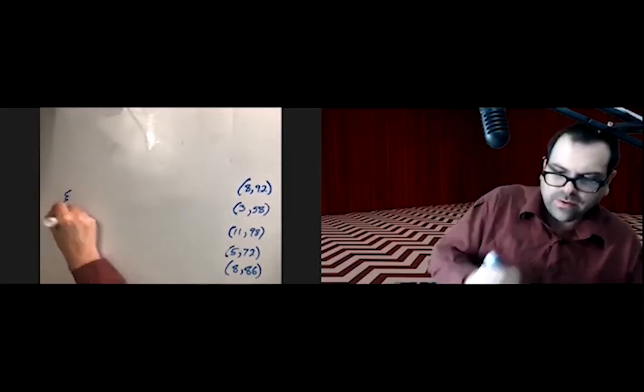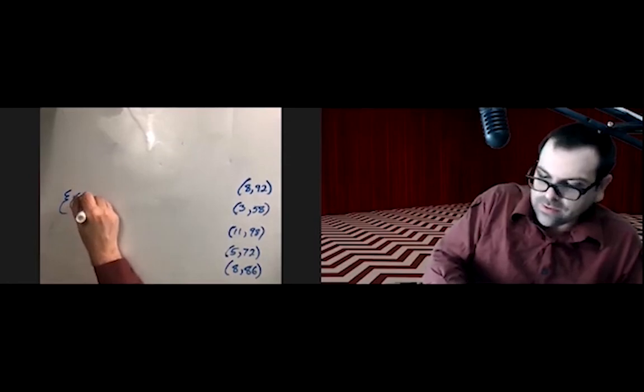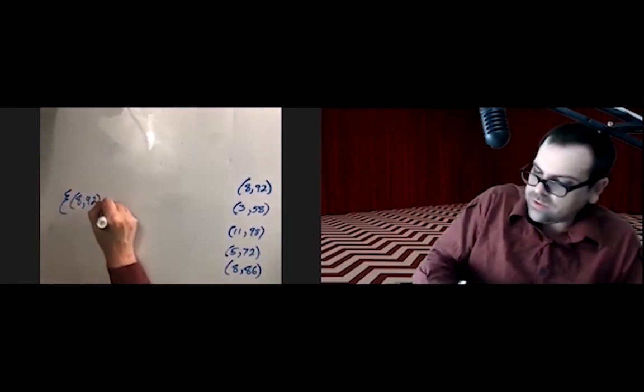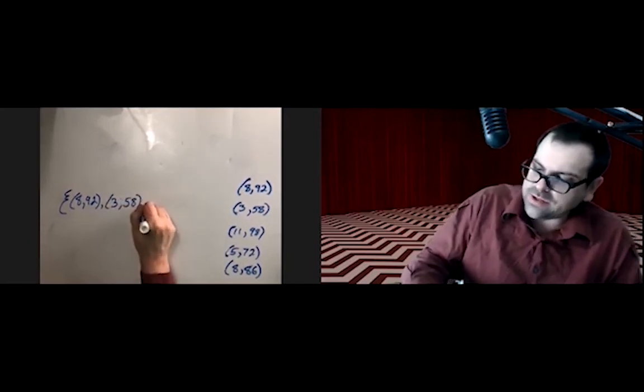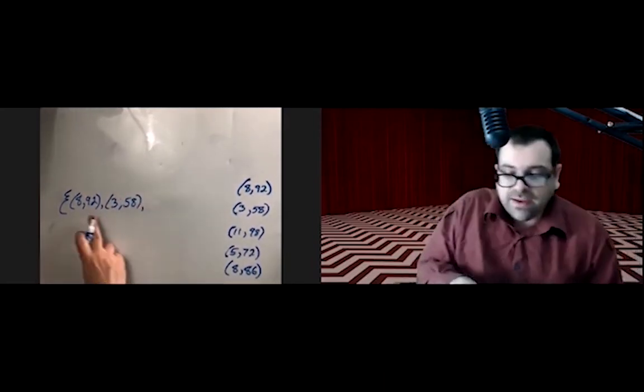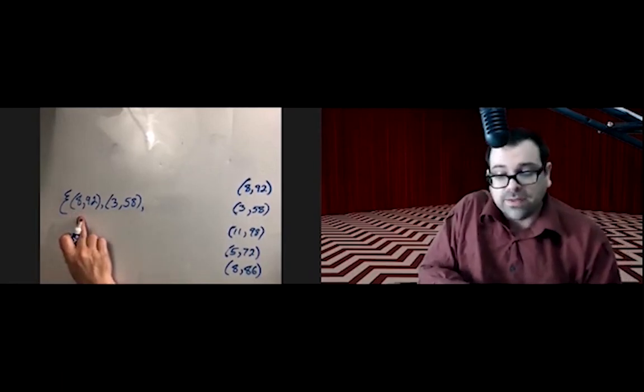I would literally write a set containing these ordered pairs: 8, 92. Notice there's a lot of commas here because I have a comma inside the parentheses, inside the ordered pair.